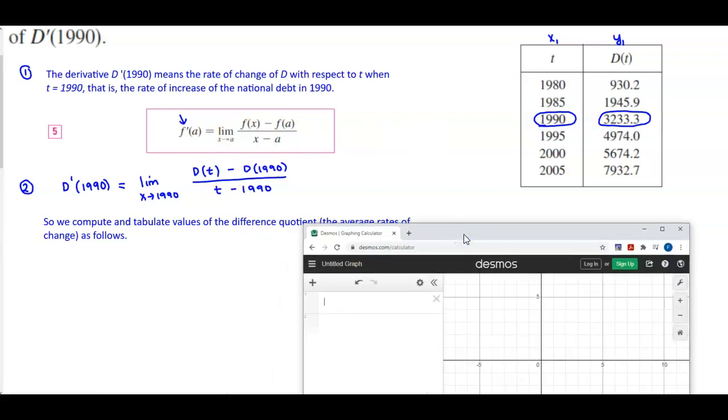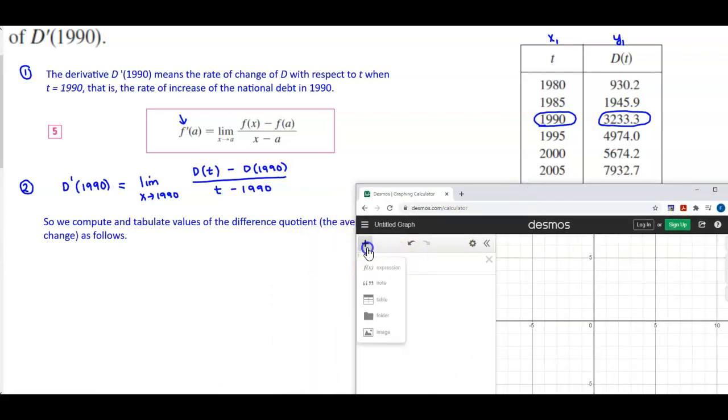So we're going to create our table. We have our x1, going from 1980, 1985, 1990, 1995, 2000, 2005.